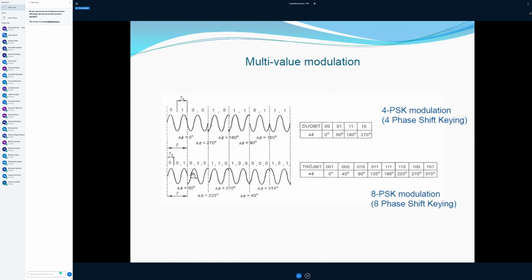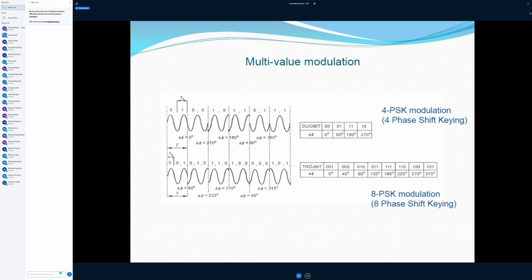Okay, so here you have an example of 8 values modulation, where you have 8 phase shifts, and since you have 8 combinations, you can code 3 bits. That's why the bit rate is 3 times as big as the modulation rate.